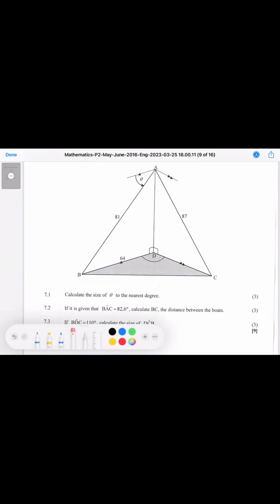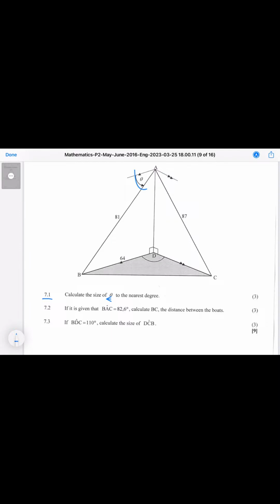You can see the first question now, 7.1. It says calculate the size of theta to the nearest degree. Where's theta? Okay, there is theta.